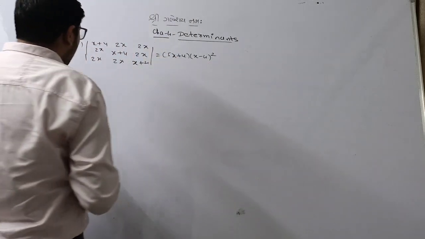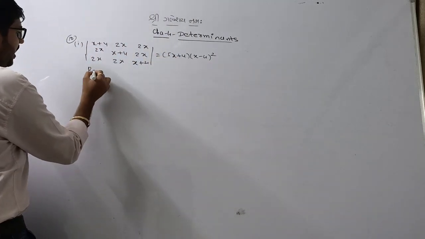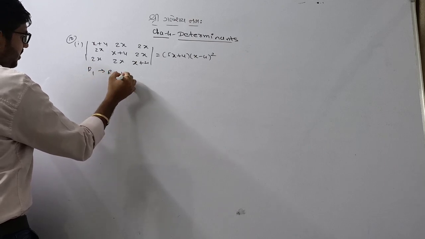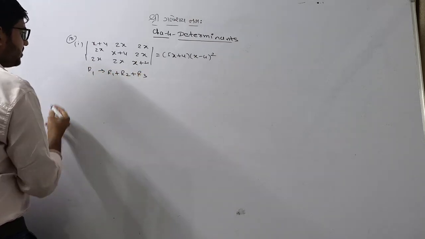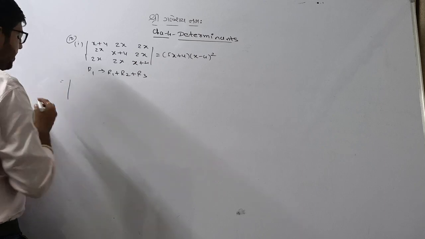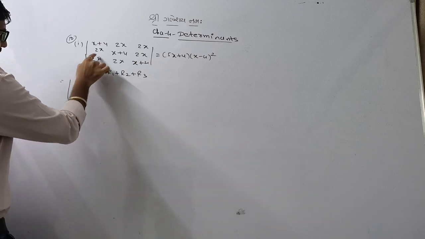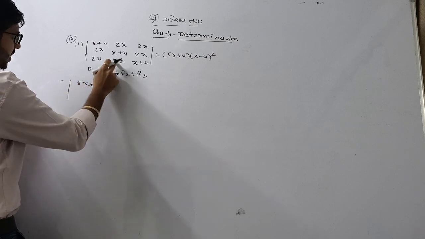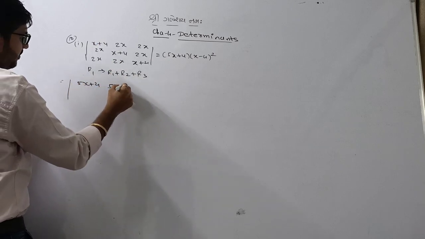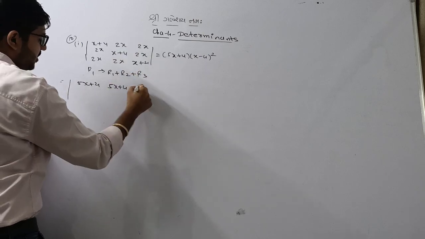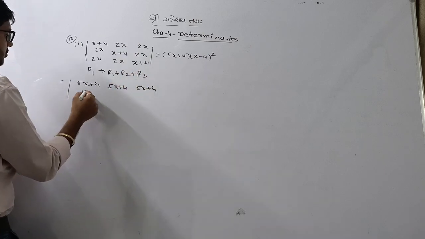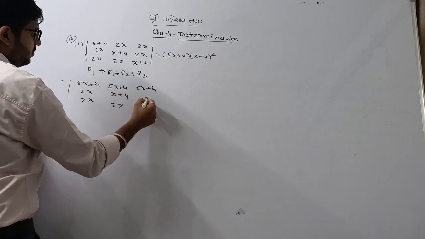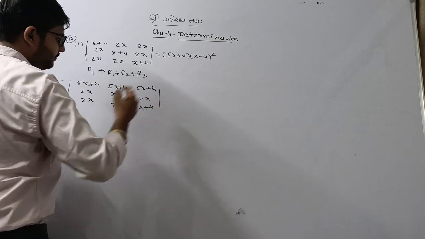So right now what I will do, I will go with R1 plus R2 plus R3. So after applying this, the determinant I will get as 2x plus 2x plus x plus 4, that is 5x plus 4. Similarly 2x plus x plus 4 plus 2x, that is 5x plus 4, and here also it is 5x plus 4. So 2x, 2x, x plus 4, 2x, 2x, x plus 4.